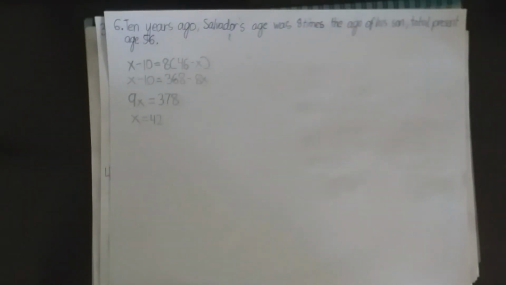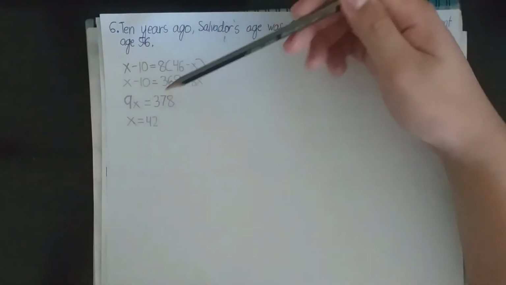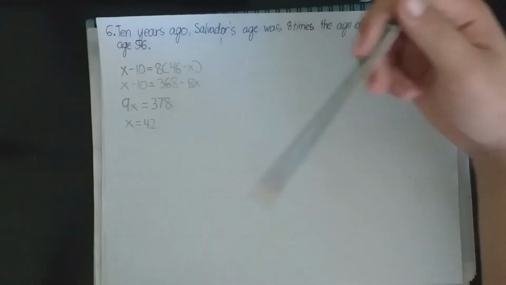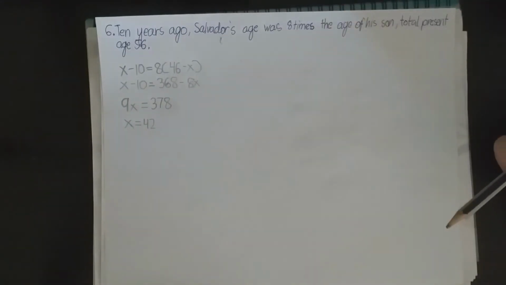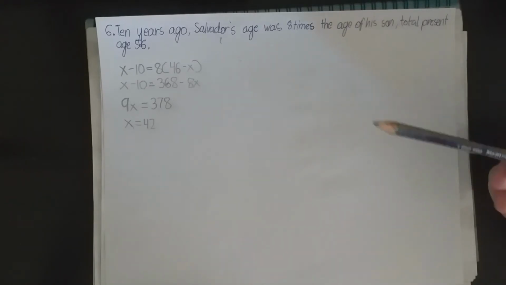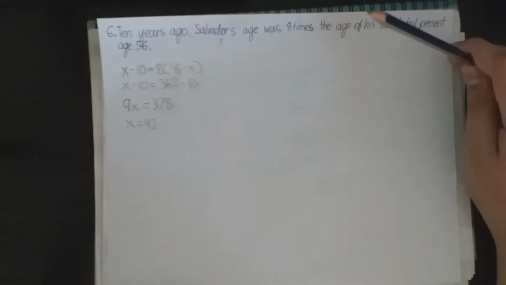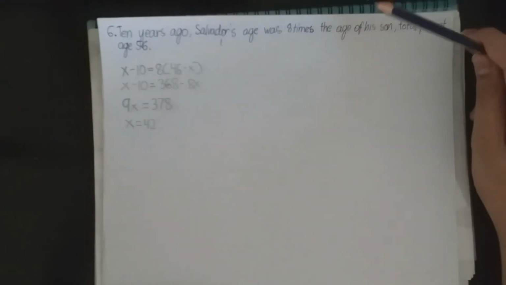So I subtract 10 years from the number 56, and my result is 46, and we'll be multiplying 8 times the age, or 8 times 46, because it says here Mr. Salvador's age was 8 times the age of his son.